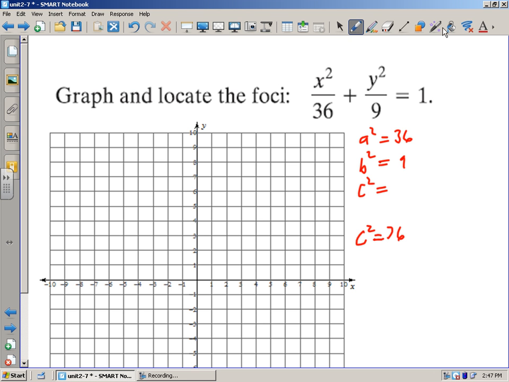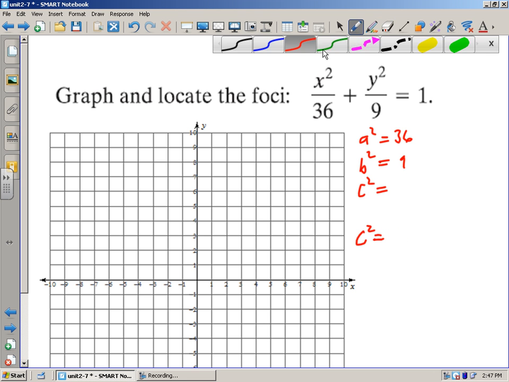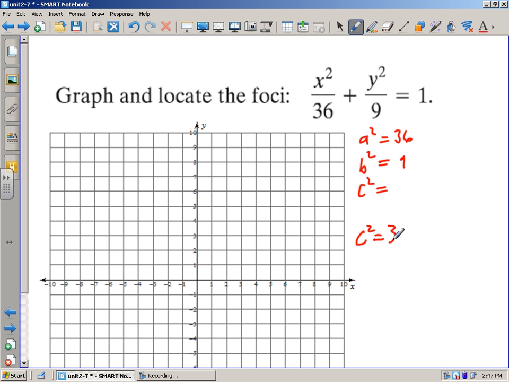And then c squared is... well, you can't read that. C squared is 36 minus 9, which is 27, and c then would be the square root of 27, and I need to put that as both positive and negative.